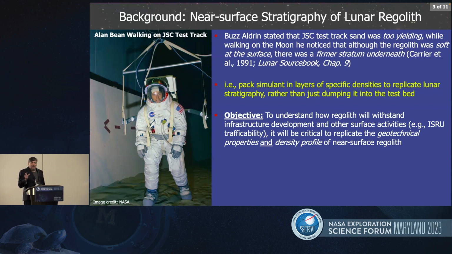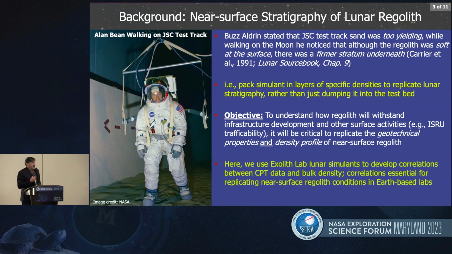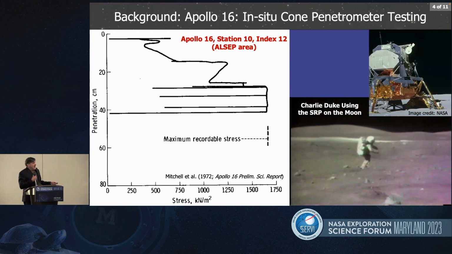It'll be critical to replicate not only the geotechnical properties of the lunar regolith, but also the density profile of the near-surface regolith as well. And so here we use Exolith Lab lunar simulants to develop correlations between CPT data, cone penetrometer, and bulk density, correlations that will be essential for replicating near-surface regolith conditions in the laboratory.